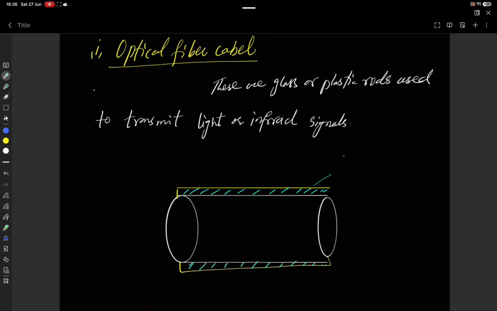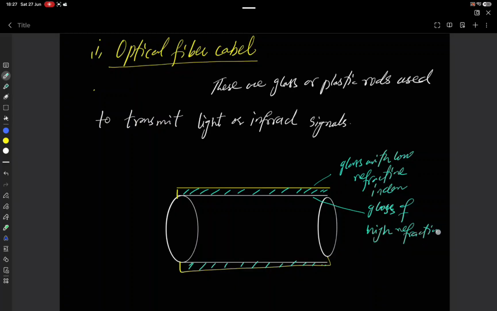This one is the glass with low refractive index and this one is the glass of high refractive index.